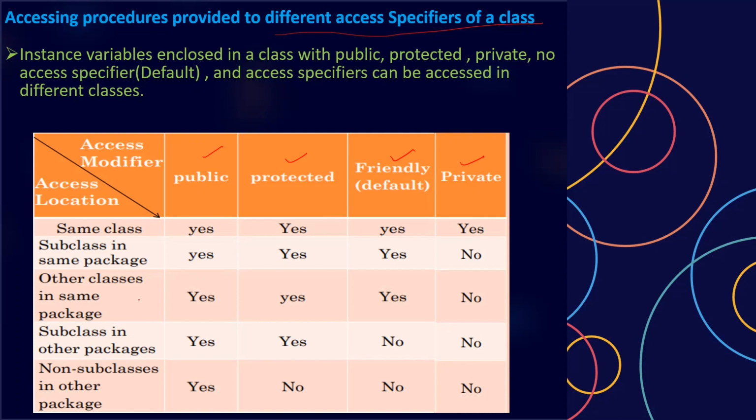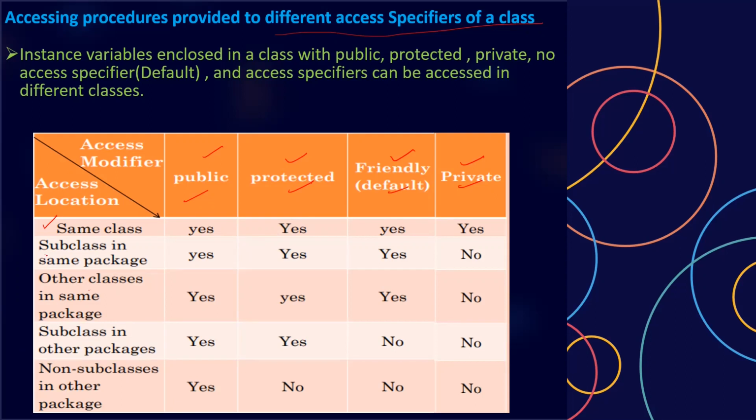So when you take these packages with the concept of inheritance, there is a concept of same class. If both are present in the same class, what is its nature with public, protected, friendly, private? That is default. Default is again either public or private, so in terms of this point, you are going to take it as private. Now, subclass in same package.